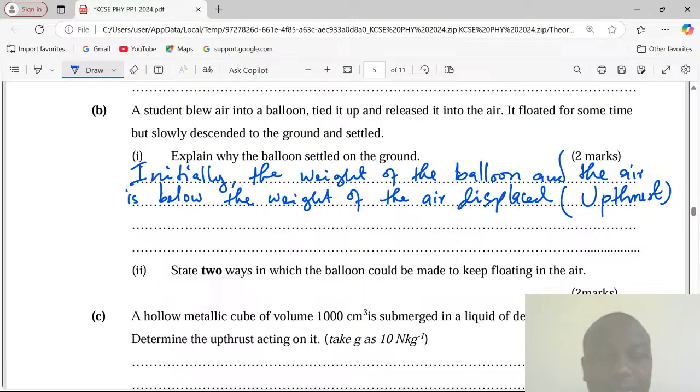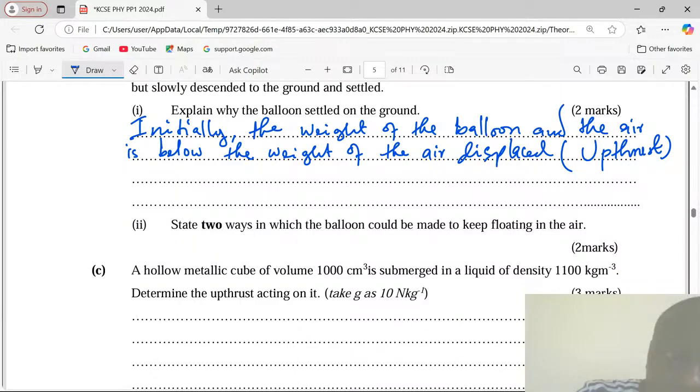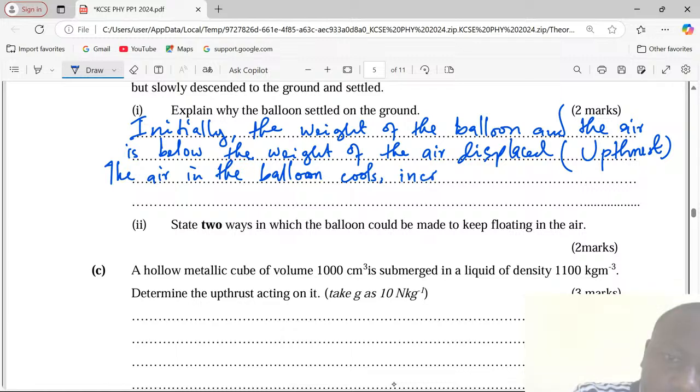So we can say when the air in the balloon cools after some time, the density increases.